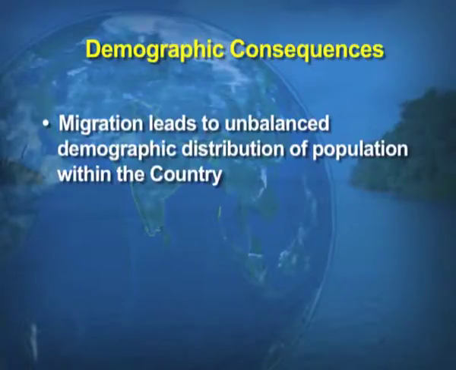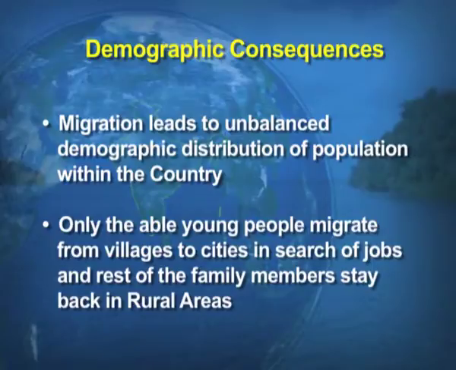Migration leads to the unbalanced demographic distribution of population within the country, because only the able young people migrate from villages to the cities in search of jobs. Then what is the negative impact of their migration? You can find the imbalance in the age and sex ratio in both the areas they migrate to and the areas they migrate from.